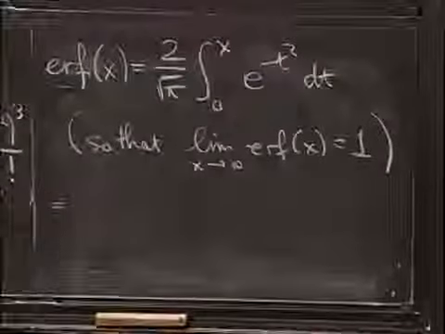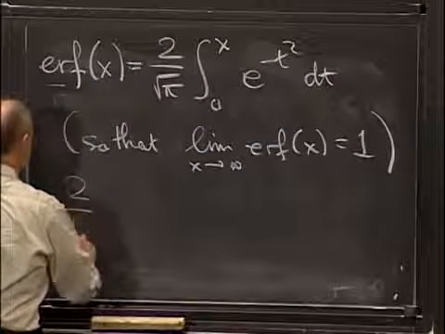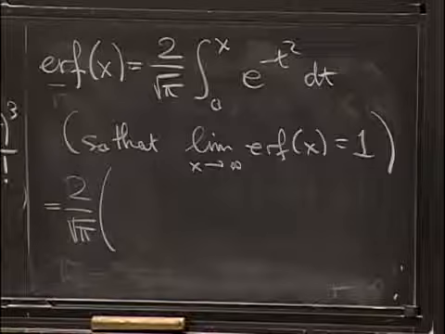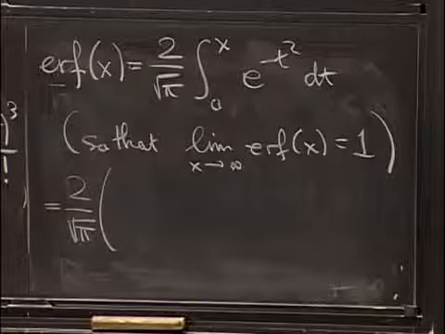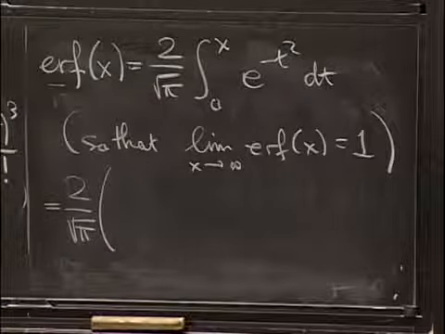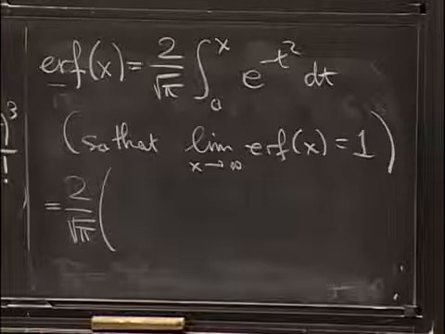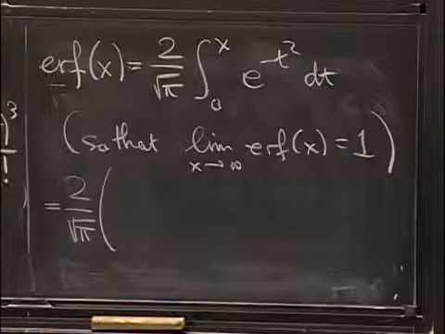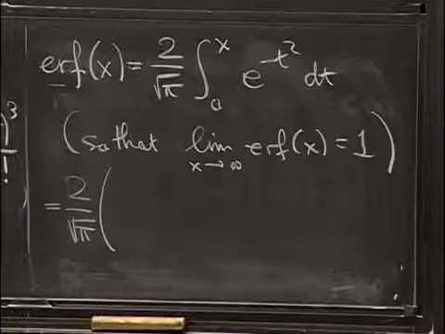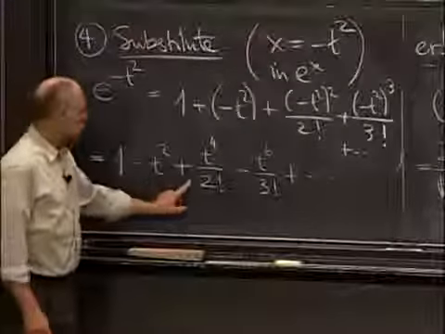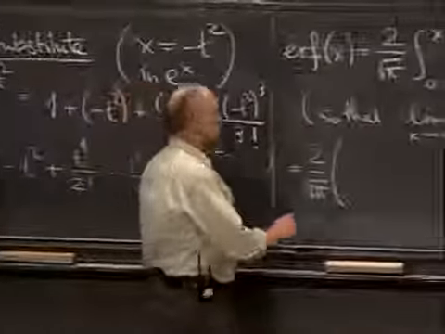So there's a 2 over the square root of pi that hurts nobody here in the front. And now I want to integrate e to the minus t squared, and I'm going to use this power series expansion for that to see what you get. So I'm just going to write this out, I think. I did it out carefully in another example over there, so I'll do it a little quicker now. Integrate this term by term. You're just integrating powers of t, so it's pretty simple.